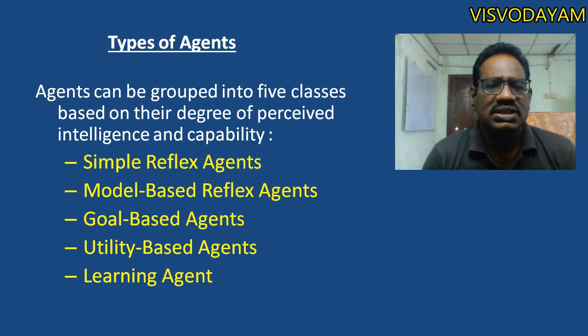So there are different types of agents in the artificial intelligence environment. Those are the simple reflex agent, model based reflex agent, goal based agent, utility based agent, and learning agent. Agents can be grouped into five classes based on their degree of perceived intelligence and capability.